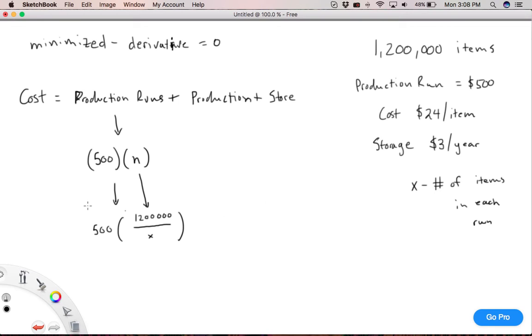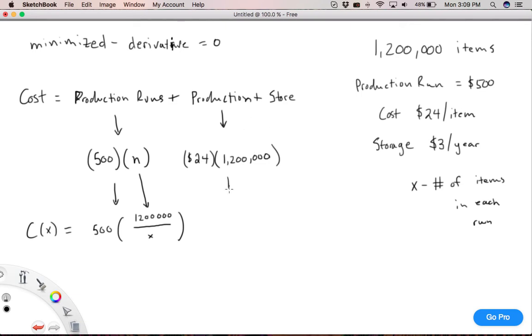Okay, then the next part of this cost function is how much does it cost to produce each item? And this is actually just going to be a number because we know each item costs $24 to produce, and we're producing altogether 1.2 million items.